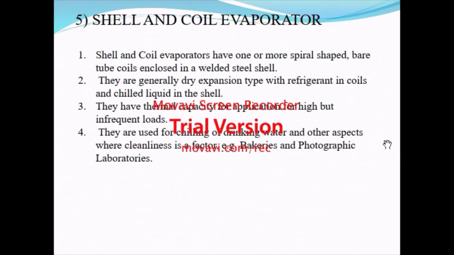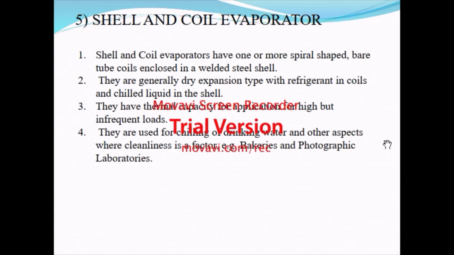Shell and coil evaporator. A shell and coil evaporator has one or more spiral-shaped bare tube coils enclosed in a welded steel shell. They are generally dry expansion type, with refrigerant in the coils and chilled liquid in the shell.